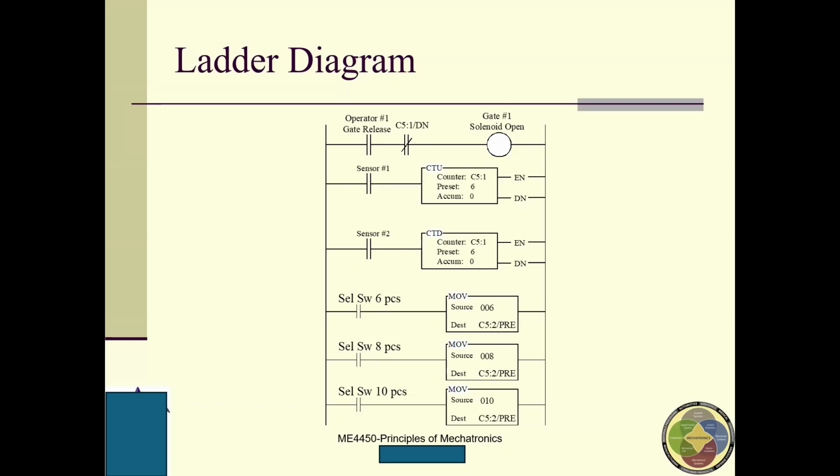So if you press the one here, this will be energized, so that move output will activate, and it'll change the preset value here and here from 6 to 8. Same thing with this, if you press this button, it'll change it to 10. If you press this, it'll change back to 6. Wonderful. This is rung by rung.